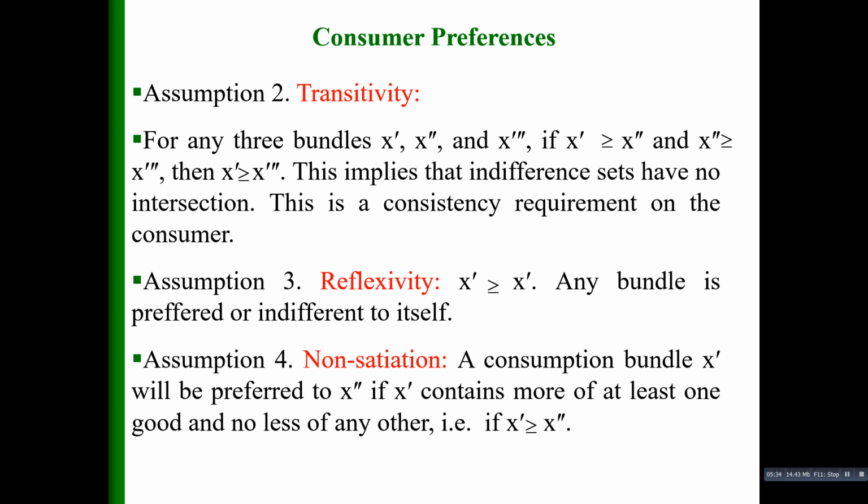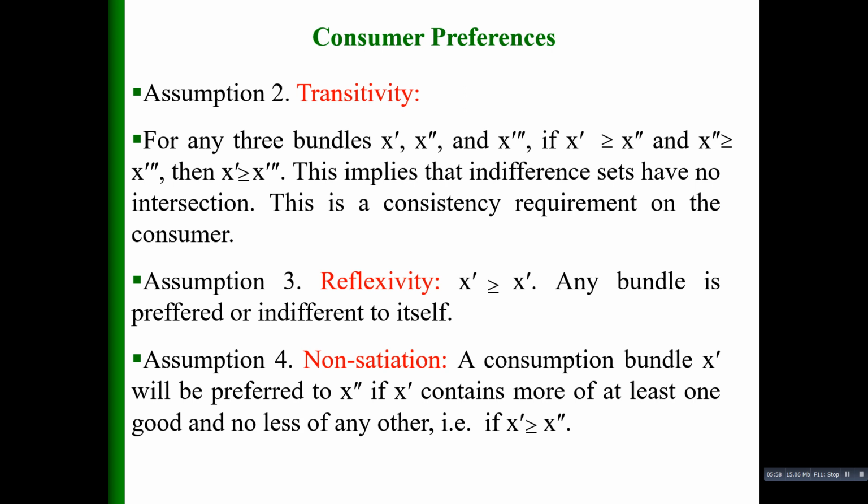This implies that indifferent sets have no intersection. This is a consistency requirement on the consumer. Assumption number 3, reflexivity. X prime is at least as good as itself. So any bundle is preferred to or indifferent to itself.